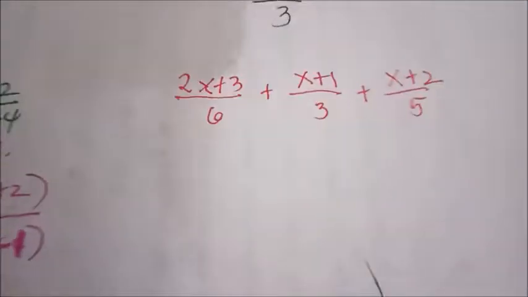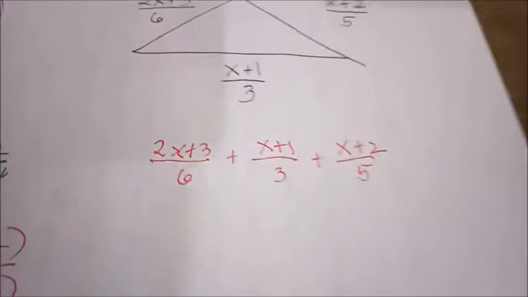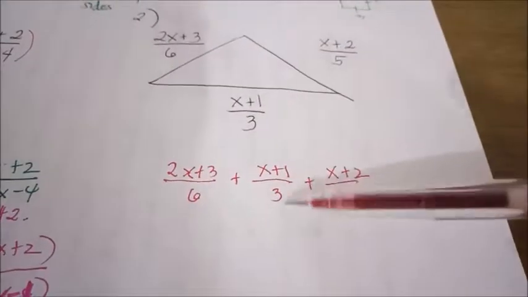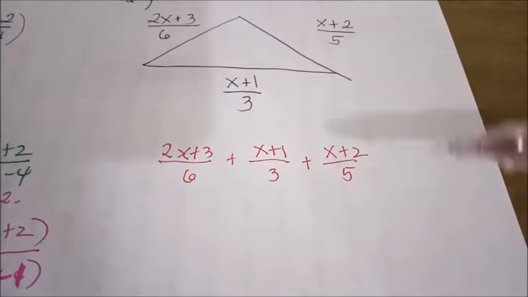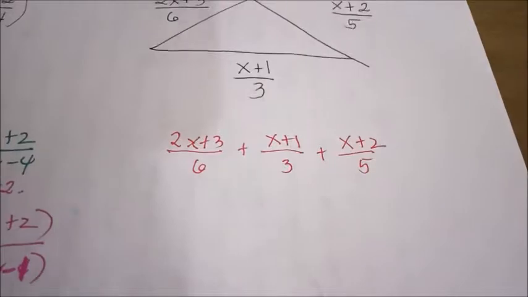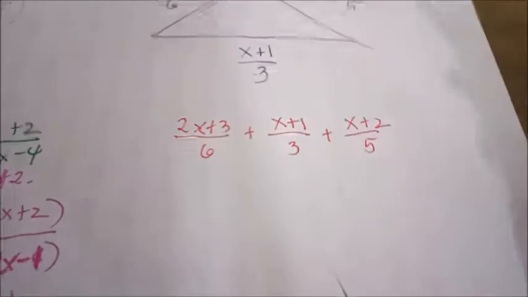Again, tatandaan, if you have the similar fractions, you have to express the other fractions na para magkapare-parehas yung kanilang denominator. So, how to do that? Syempre, kinukuha pa rin natin si LCM, no? Okay?